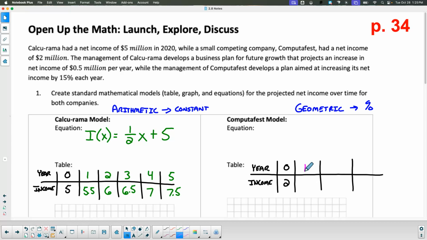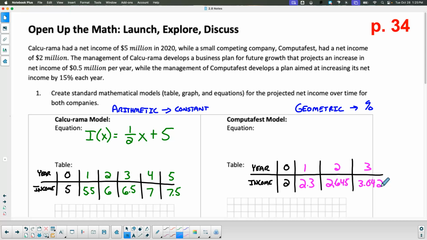$2.3 for the next one. 2.645. .04, we'll call it 2. Really, it's 3.04175. Yes? Okay.